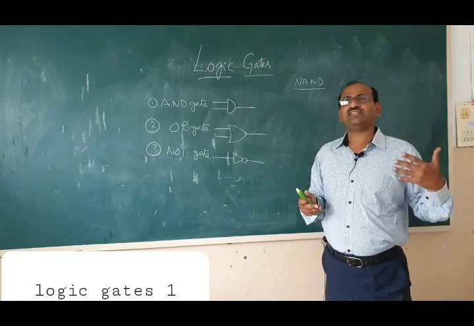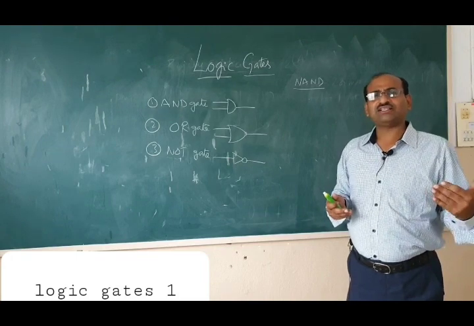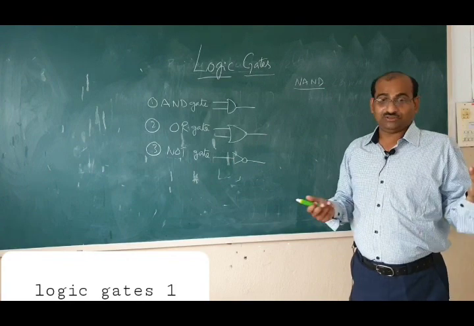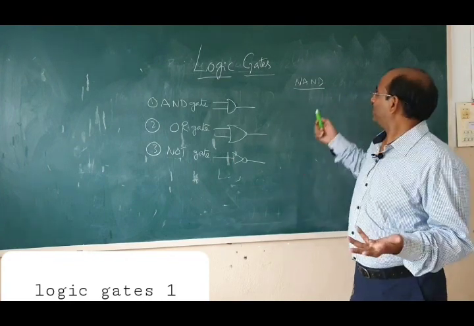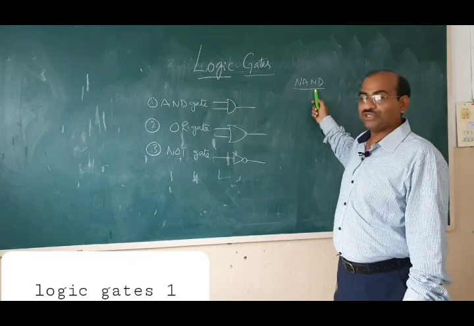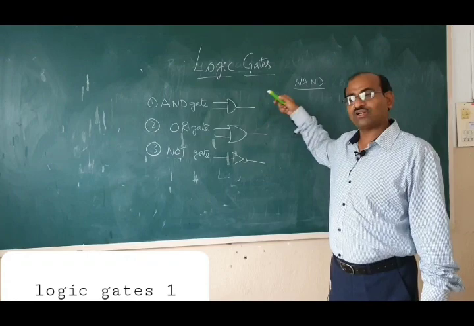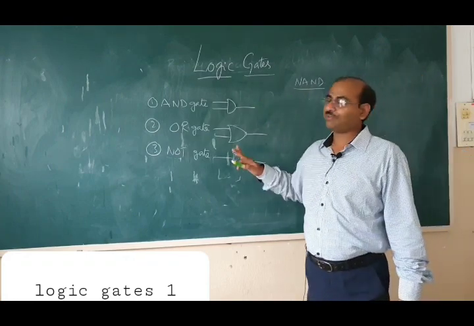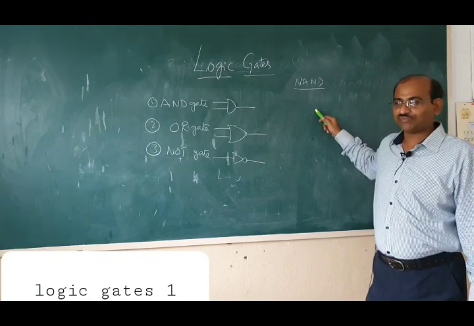Universal gates are the logic gates which are capable of performing all other logic gates, maybe using two or three gates. That means a NAND gate can be used to perform NOT, OR, AND, NOR, and XNOR operations. All the remaining six operations you can get using NAND, or you can get using NOR.